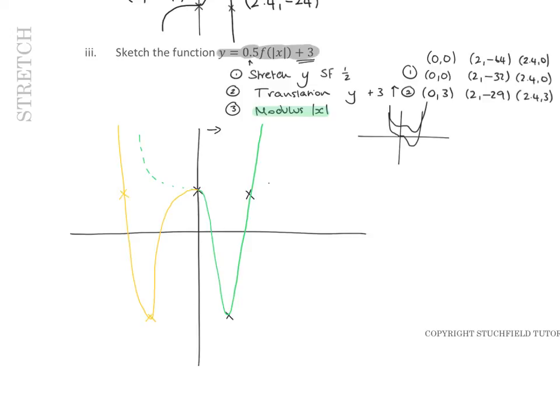Now again, remember, we're only labelling the coordinates they've given us to start with. So that's minus 2, minus 29. And that's minus 2, 43. So there is our entire function, and we've done the modulus as well.